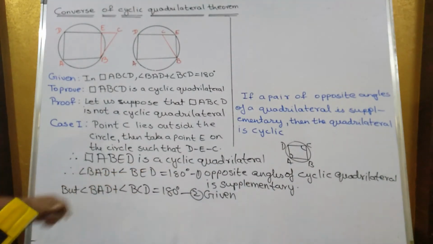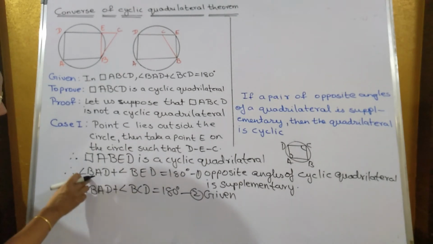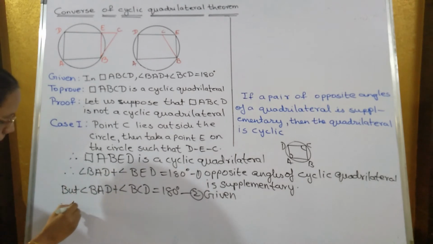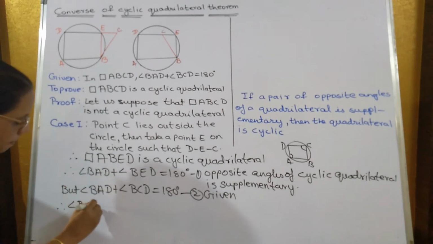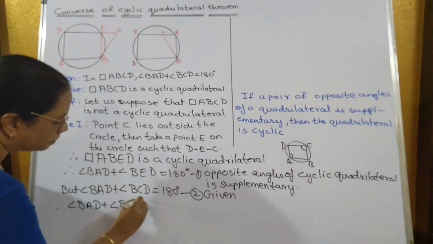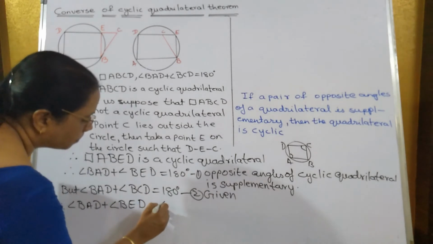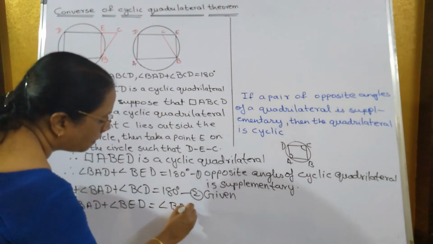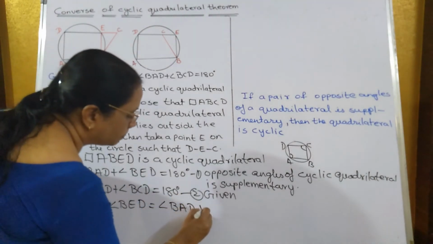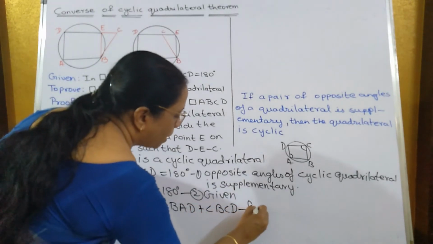Therefore the left hand side also should be equal. Therefore angle BAD plus angle BED is equal to angle BAD plus angle BCD, from 1 and 2.